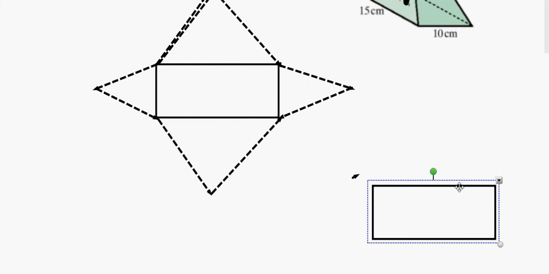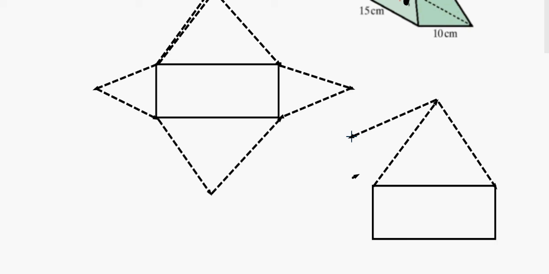Draw a single triangle. See this triangle here. And then the other two, because they meet on top of the pyramid, you can draw it like that, linked up, sort of like this.